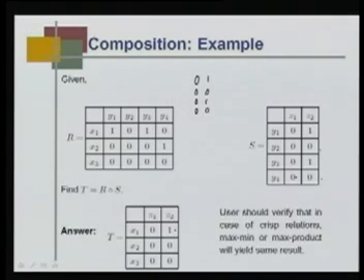To find out the relationship between x1 and z1, what I do, I take this row which is 1 0 1 0 and this column 0 0 0 0, and find for each one what is the minimum. So, the minimum in this is 0, in this is 0, in this is 0, and this is 0, and overall what is the maximum, that is 0.